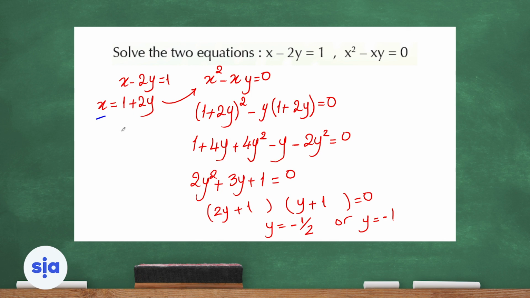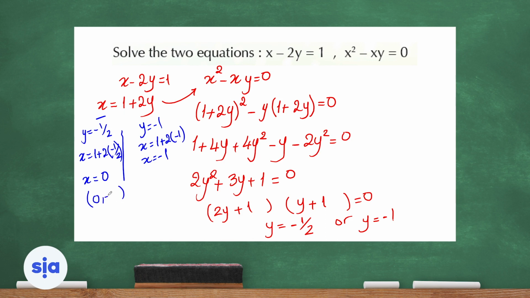So for y equals negative half, x equals 1 plus 2 times negative half, so x equals 0. For the other value of y, which is negative 1, x equals 1 plus 2 times negative 1, x equals negative 1. So here, the solution set is (0, negative half) and (negative 1, negative 1).